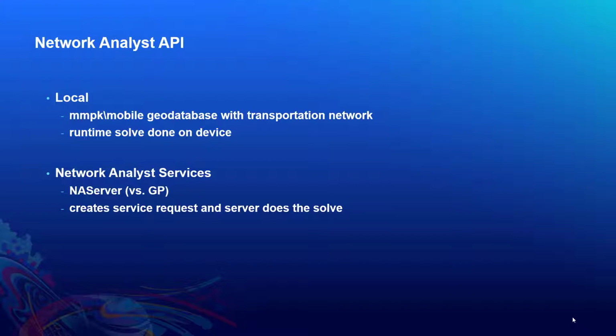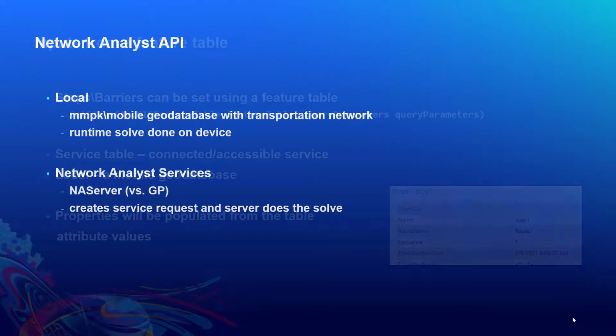When using local data, the solve is done on the device using the runtime code, and when using services, solve creates a service request from your inputs, and the server code does the solve and returns a result. So let's look a little bit deeper into the API.